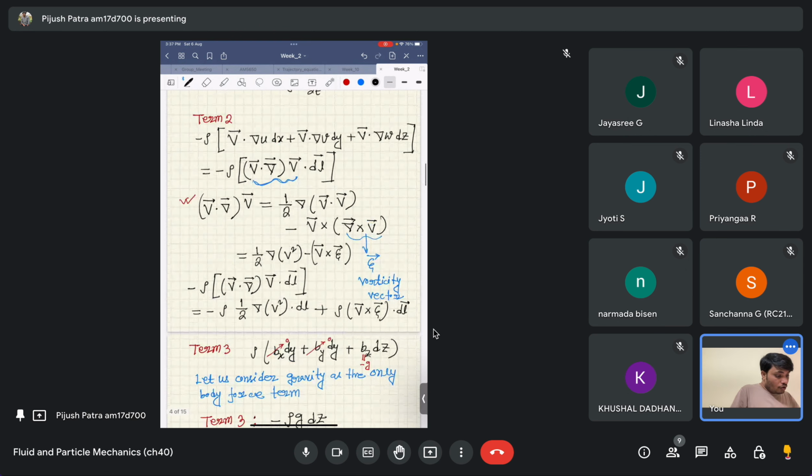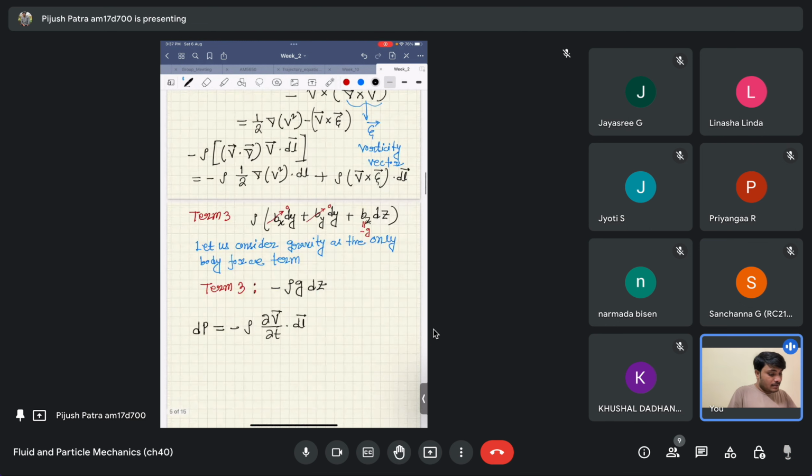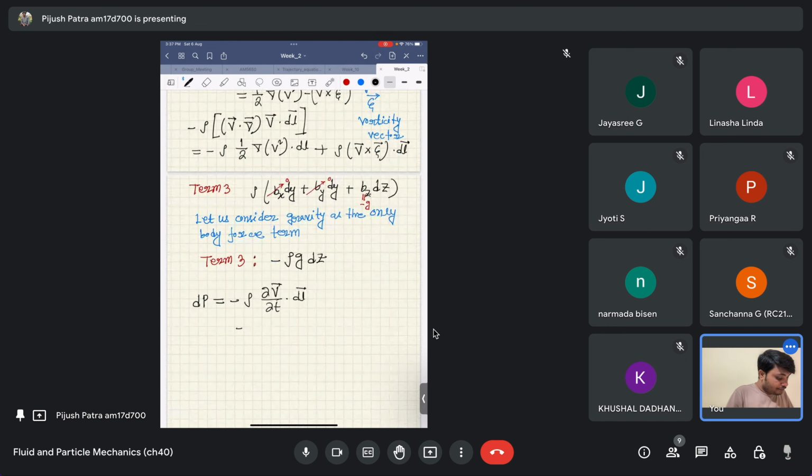What is term 2? Term 2 is minus rho half gradient of v square dot dl, plus rho v cross vorticity vector dotted with dl.